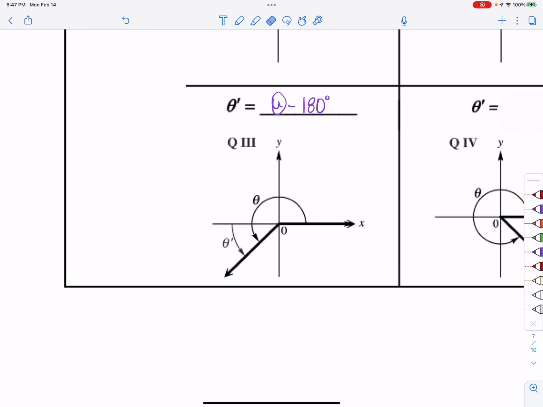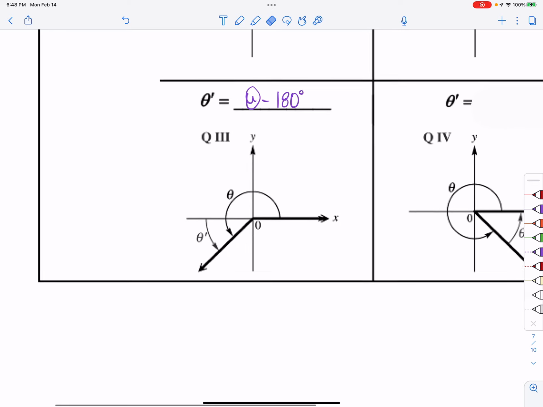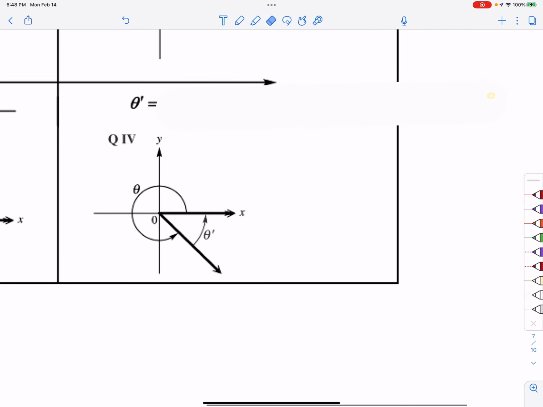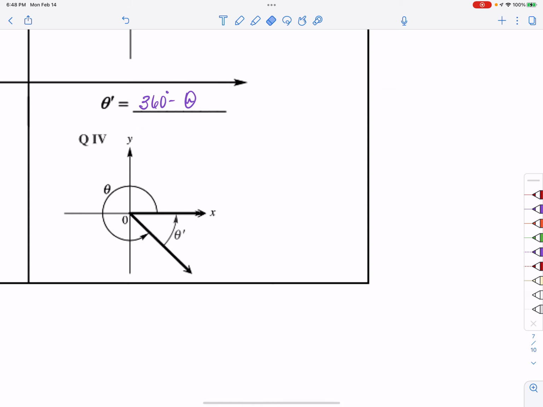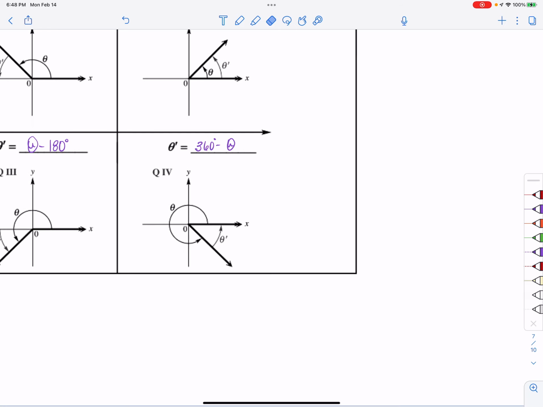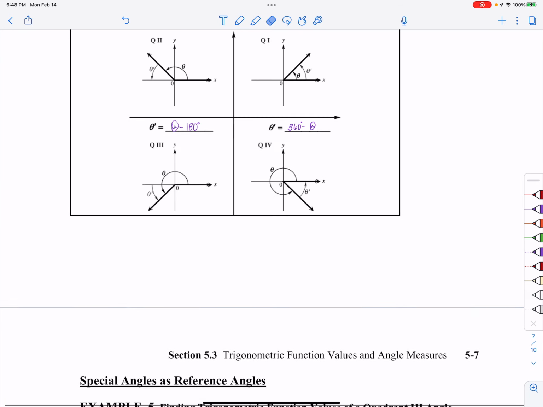So think of maybe something like 210 degrees on our unit circle. If we're doing 210 degrees, how far away is 210 from 180? Well, I'm going to do 210 minus 180 to find that out, to get my 30-degree reference angle. If I'm working in quadrant 4, once again, the closest angle is going to be that 360-degree angle. And so to get my reference angle, then we'll do 360 minus my theta to get my theta prime. And we did an example of that one.